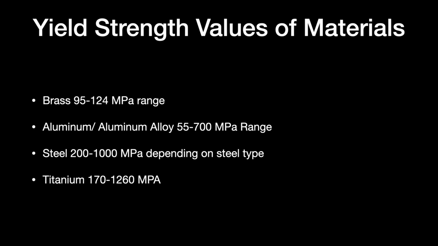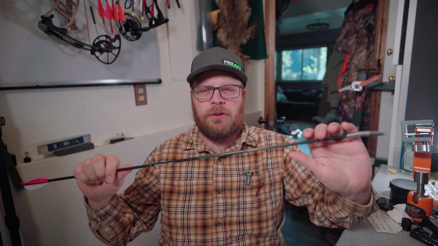Aluminum and aluminum alloys, which is most commonly what we use, 55 to 700 megapascals. Steel, 200 to 1,000 megapascals. Titanium, 170 megapascals to 1,260 megapascals.